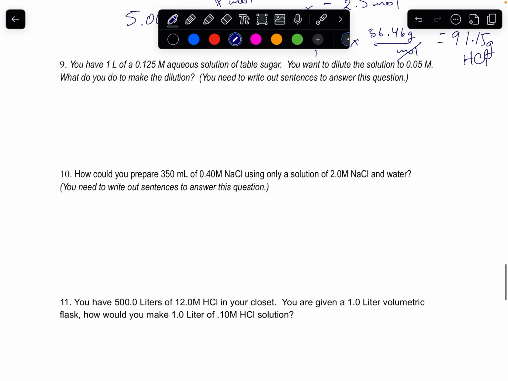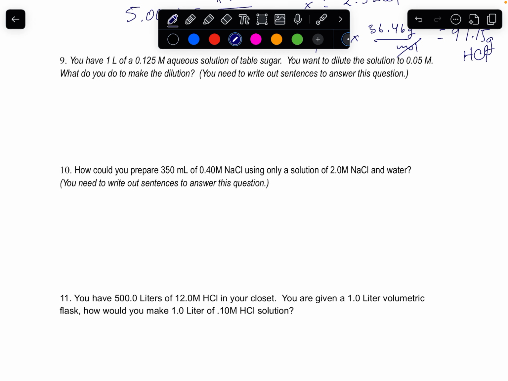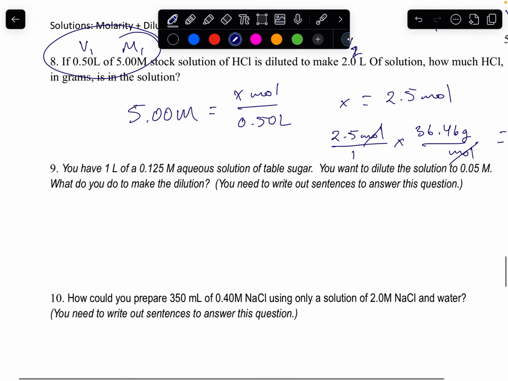All right, let's take a look at number 9. We have a 1 liter, 0.125 molar aqueous solution of table sugar. I want to dilute the solution to 0.05 molar. So it's asking, what do we need to do to make this solution? Over here, I have my starting concentration, there's my M1, and I have my starting volume.